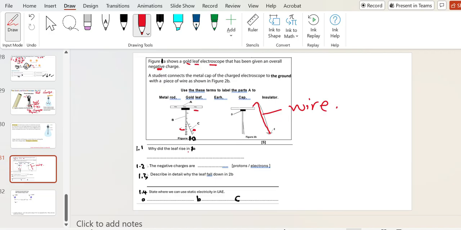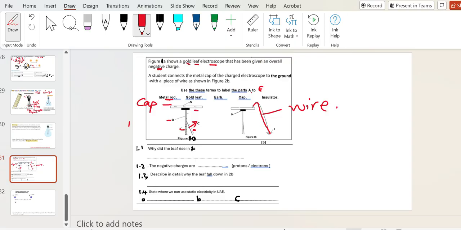Why did the leaf rise? This is rising, going up. Why? First of all, use these terms to label the parts A to E. So what is A? A is the cap. What is B?